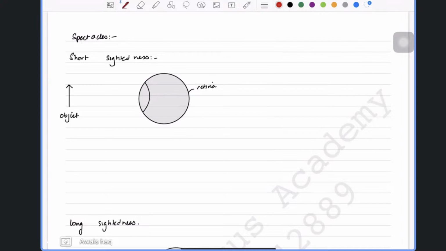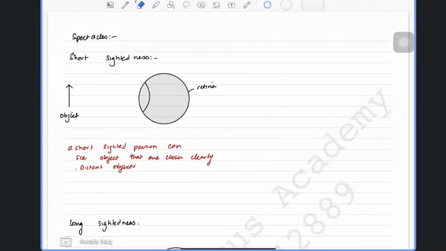Fine. So what happens is that short-sightedness is an issue where a short-sighted person can see objects that are closer clearly, and distant objects appear blurred.